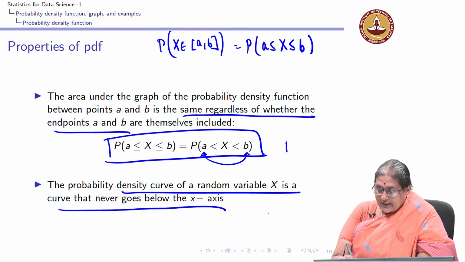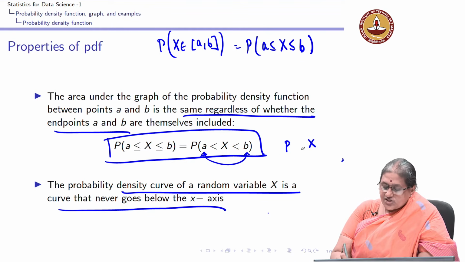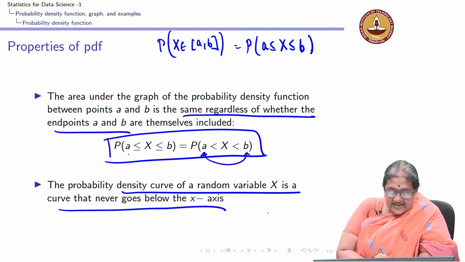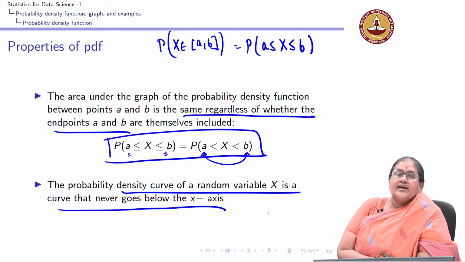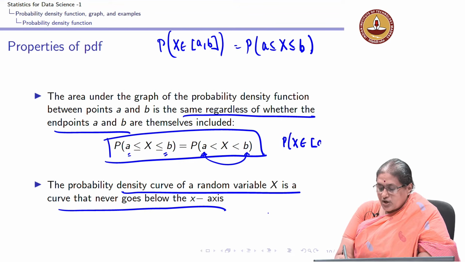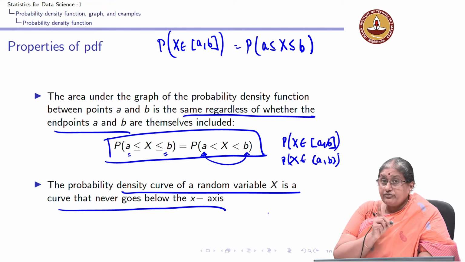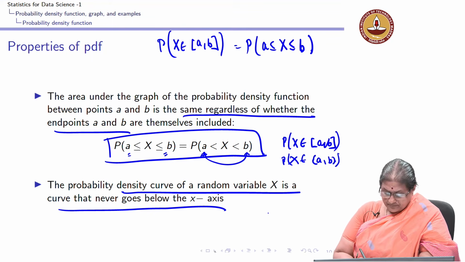What do we mean by that? Probability that A is less than x is less than A is the integral from A to A of f(x) dx, which is going to be equal to 0. So, the chance that x is less than or equal to B and greater than or equal to A is the same as A is less than x is less than B. In other words, the probability that x belongs to a closed interval is the same as it belongs to an open interval. This is true only for a continuous random variable.